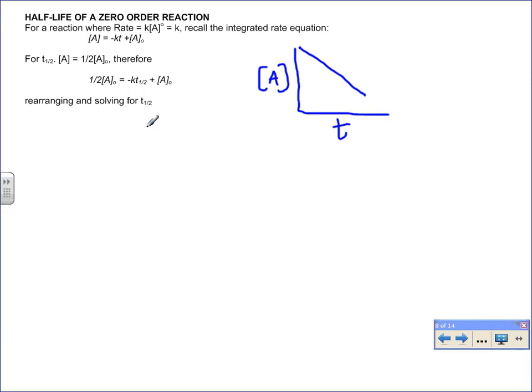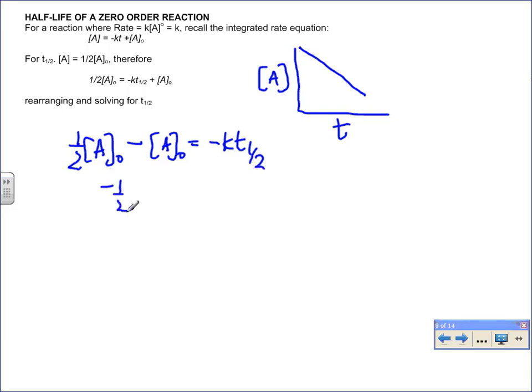So what we want to do to figure out the relationship for half-life for a zero order reaction is rearrange this equation. I've got half of A naught minus A naught is equal to negative kt half. So this is negative half A naught is equal to negative kt half.